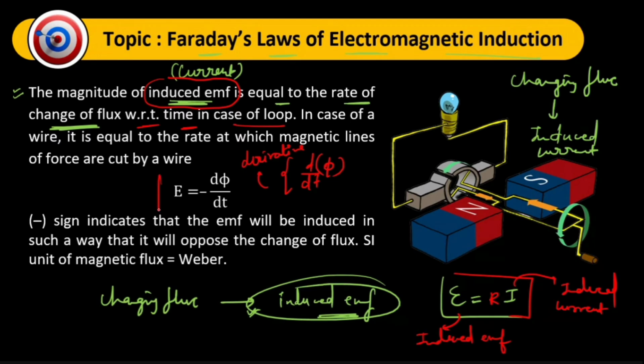So in mathematical terms, we can say EMF is nothing but the negative of d phi by dt. Now, what does this negative sign indicate? It indicates that EMF will be induced in such a way that it will oppose the cause of its own production. It will ultimately oppose the reason of its production.